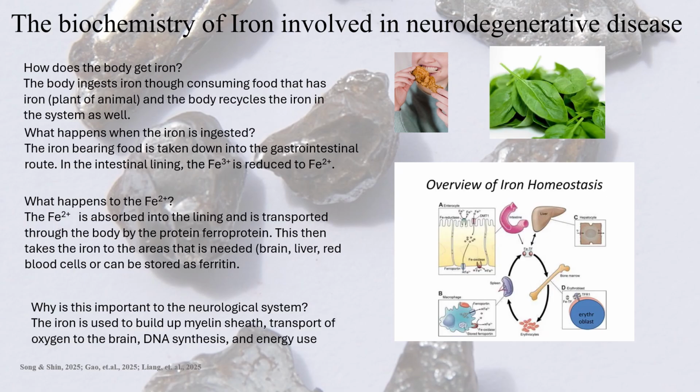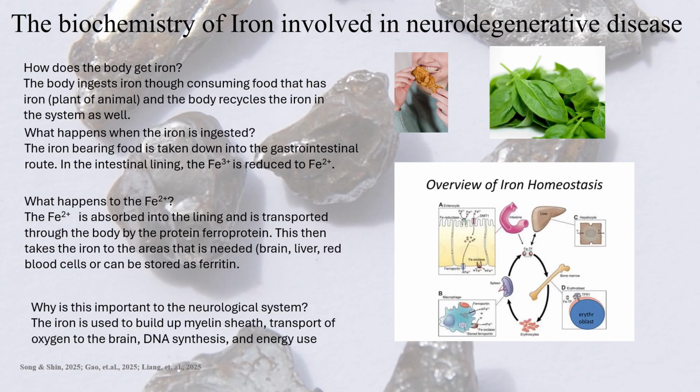The next two slides, we will be dealing with the biochemistry of iron involved, in particular to neurodegenerative diseases. First, how does the body get iron? The body does not produce its own iron per se, so we must ingest some.